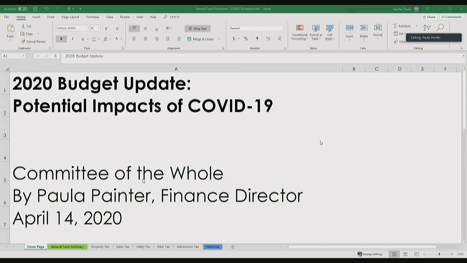What I want to talk to you about is what are the potential impacts that this pandemic can be having on the city finances. Right now, we know economists are in consensus that we are going to have a recession. And what we don't know is how long this is going to last and how deep it's going to go.